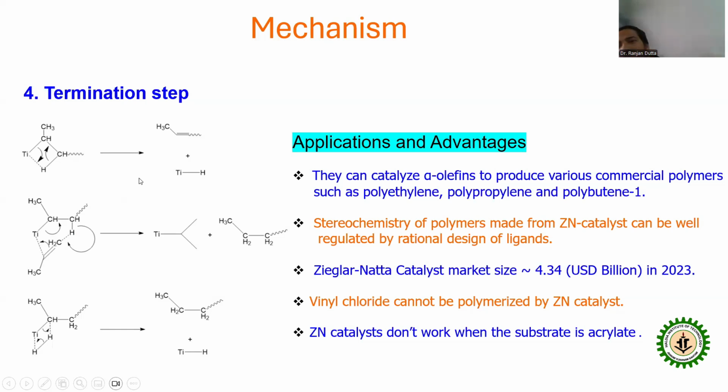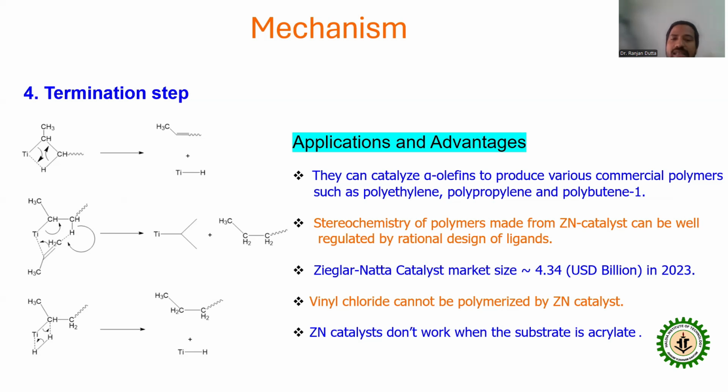Now, as I told earlier, Ziegler-Natta catalyst is used for preparation of high density polyethylene. The main advantage of this particular catalyst is that it facilitates polymerization of alpha olefins such as polyethylene, polypropylene, and polybutene.